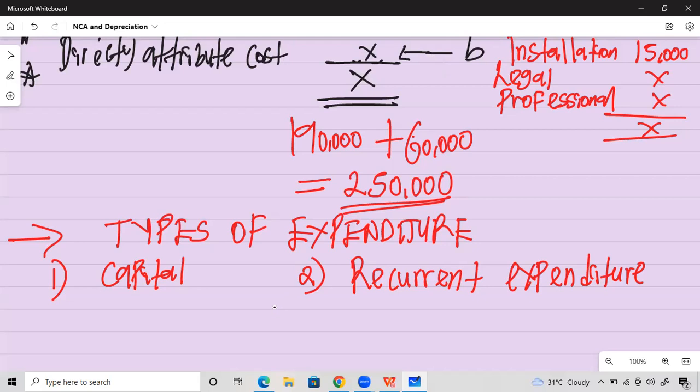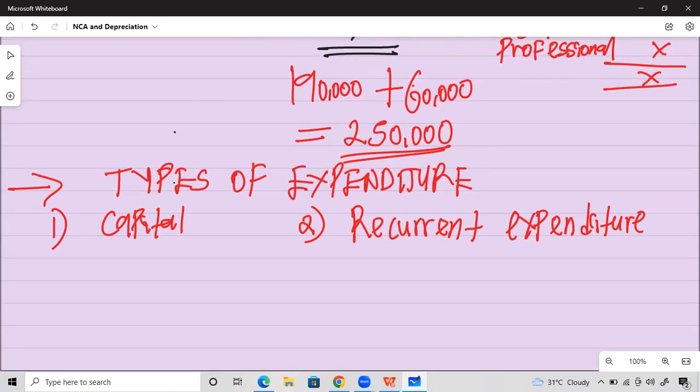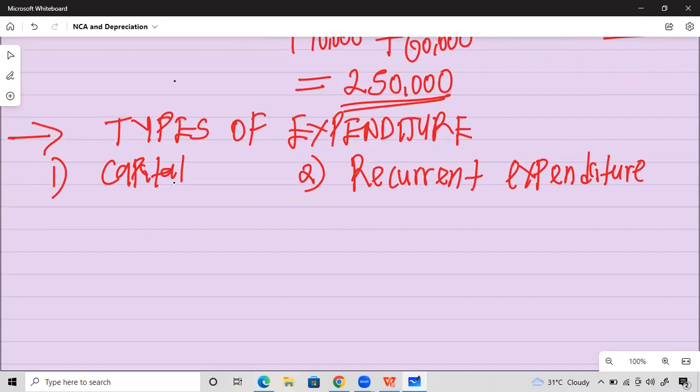When we say capital expenditure, those are expenditure that you incur to purchase a non-current asset.